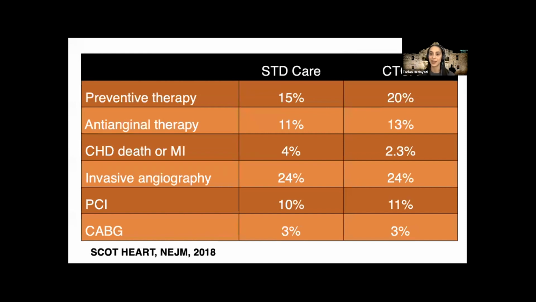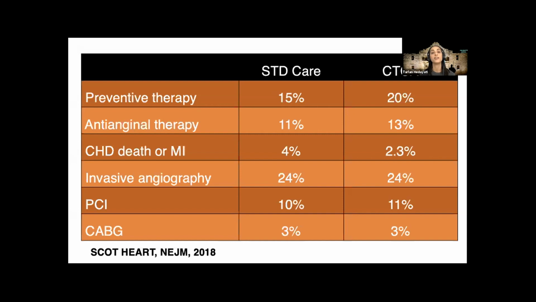Again, remember, this is an anatomic test. So it helps increase the certainty of coronary heart disease identification, which then can potentially lead to changes in treatment. And as you can see here, the patients who had CTCA had higher rates of preventive therapy at 5 years, anti-anginal therapy at 5 years. So that's great. Not a huge difference. It's not super dramatic, but it's there. They also had lower rates of coronary heart disease death and MI, but again, not a huge percentage.